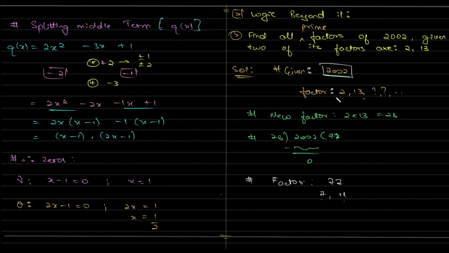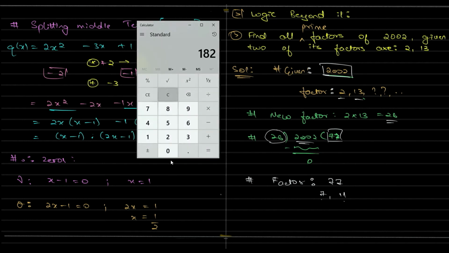If I'm given a big number and they tell me that these are the factors, I can always multiply them, find a new factor, and divide the given number with that number to find the other part of 2002, which multiplies to become 2002. That is 26 into 77 will give you 2002. So by finding the factors of 77, you are indirectly finding the factors of 2002, because 2002 is a product of 2, 13, 7 and 11 in its prime factor form.